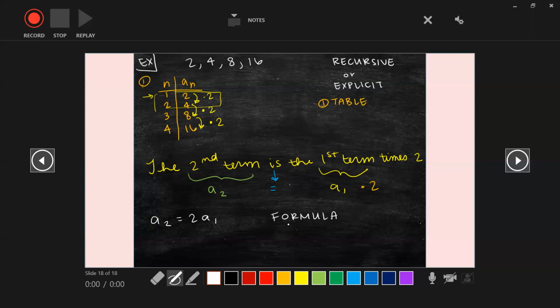Well, I'm sorry, I'm not being specific. Whenever we created our formula, that was whenever we had our variables. So our a sub 2, let's call this guy a sub n. We have 2 times, let's call our a sub 1 our a sub n minus 1. That is creating a formula.